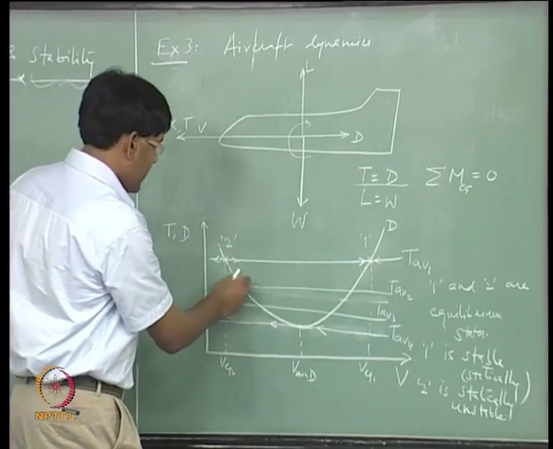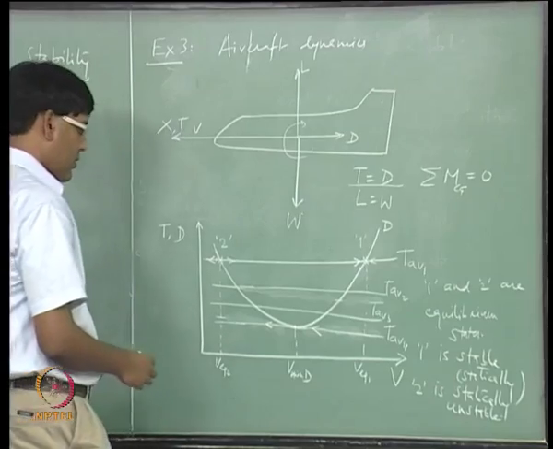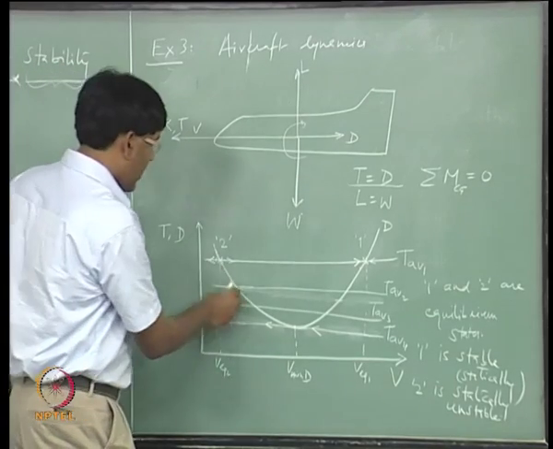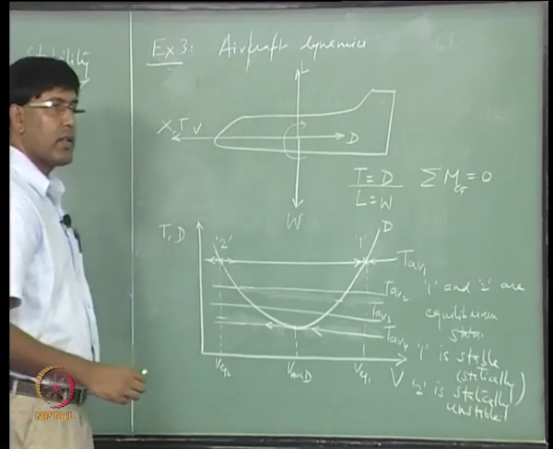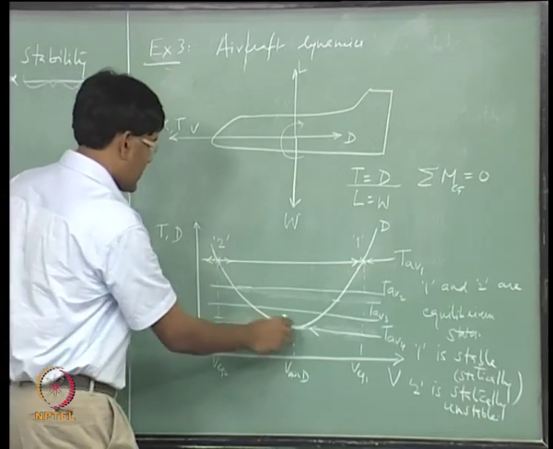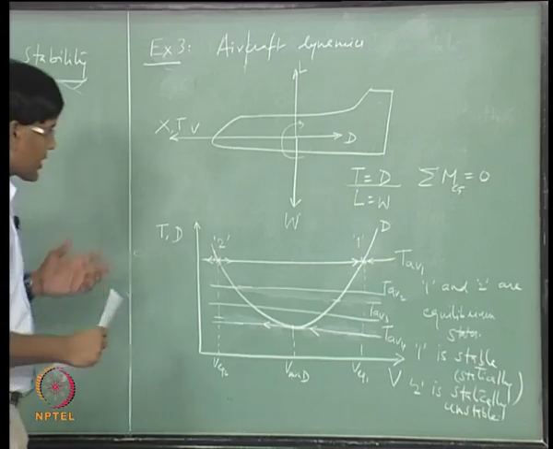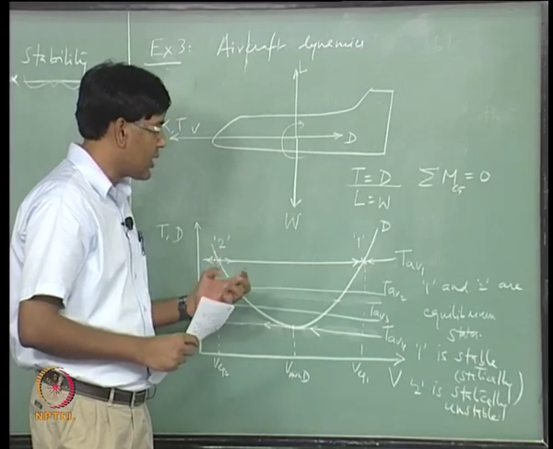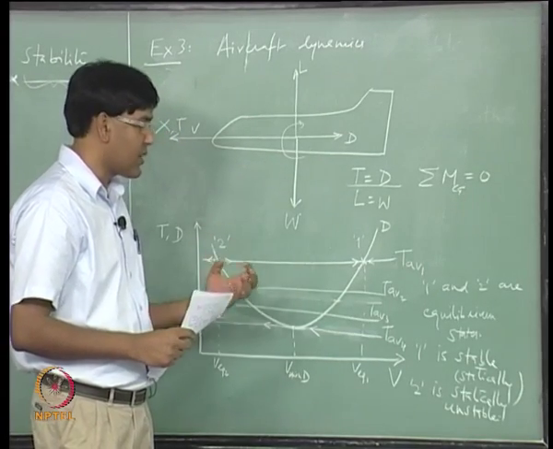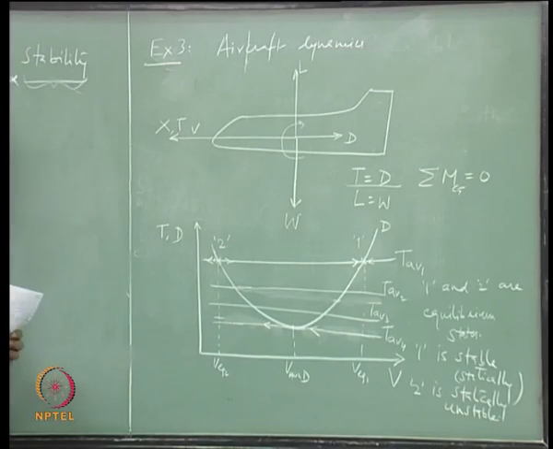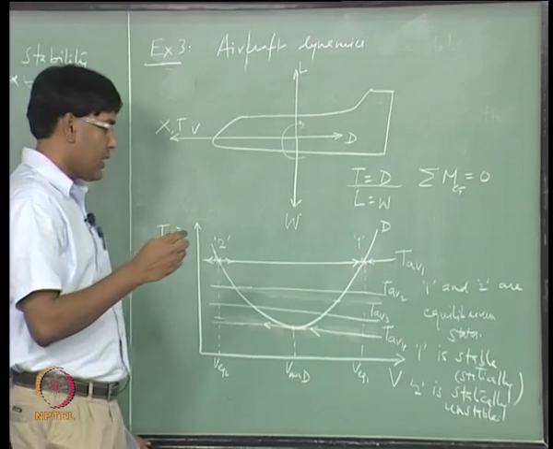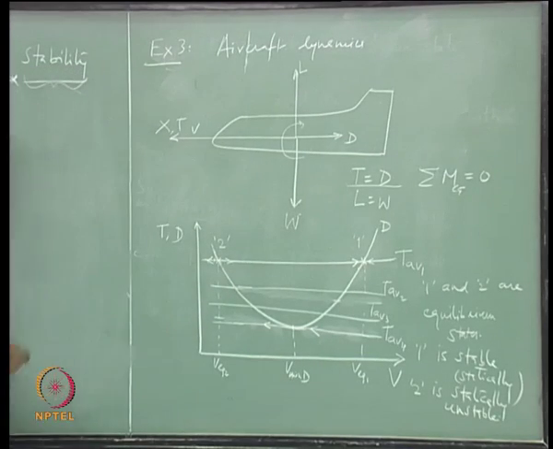Now, in reality, it is not true that all the states are unstable on this side of the curve. The reason is that when we are talking about static stability, we are actually talking about only the system's tendency to come back to its equilibrium state, and not really seeing if it has really come back to its equilibrium state or not.